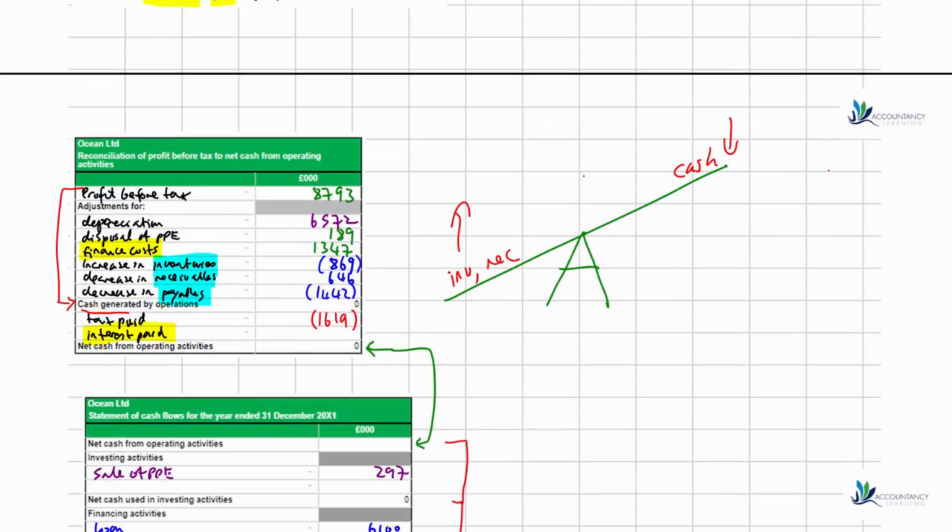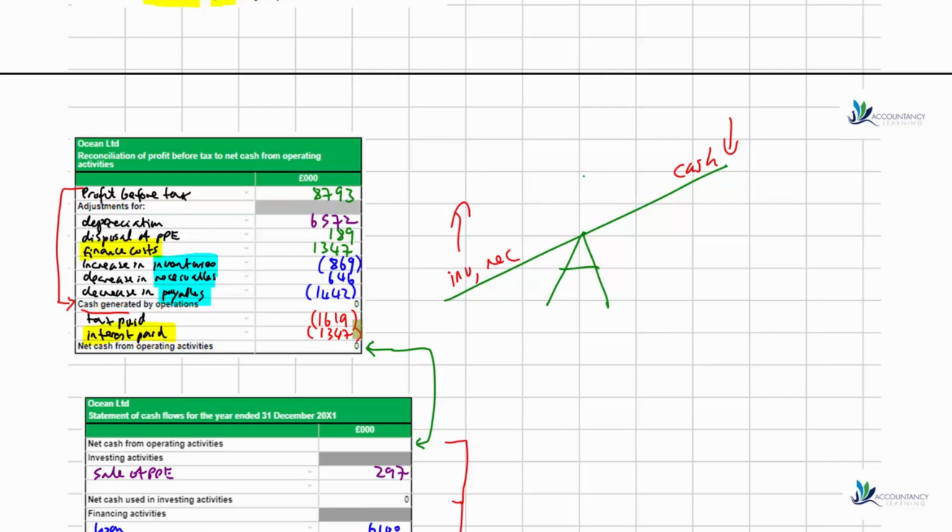In our answer, under interest paid, we're going to put the 1347. Notice that this number is shown twice, once as an adjustment to profit and once as a cash figure. It just so happens, because there is no interest accrual, that these two numbers are the same, but they don't have to be.